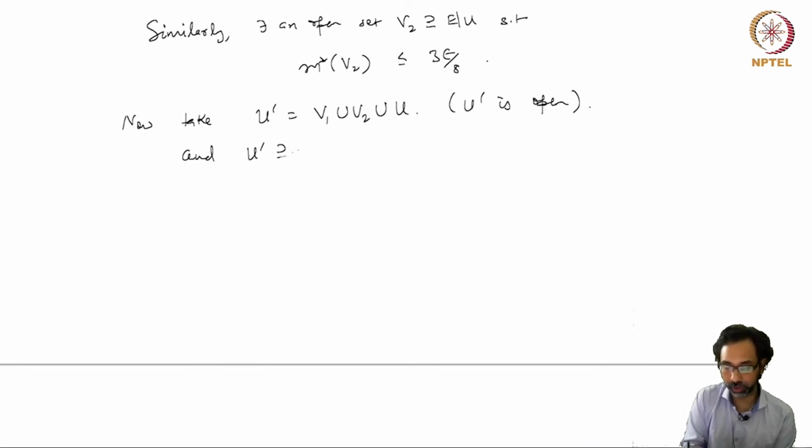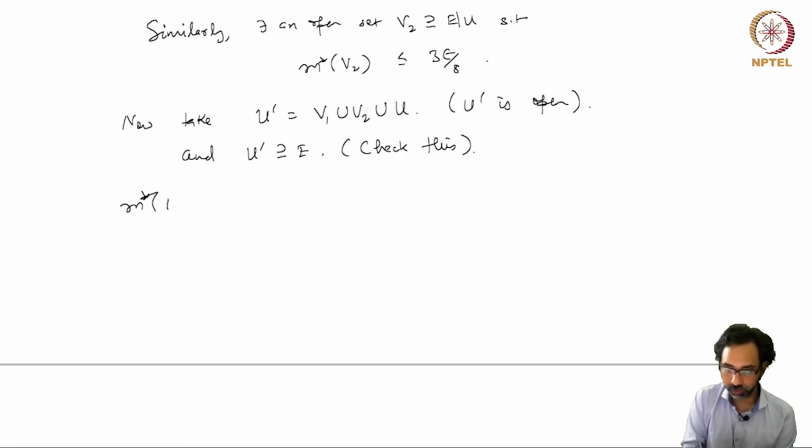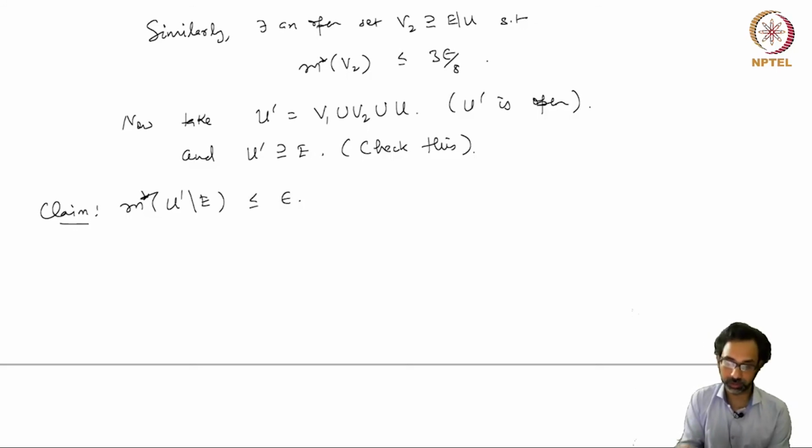So check this. Now I want to show that m star of U prime minus E is less than or equal to epsilon.